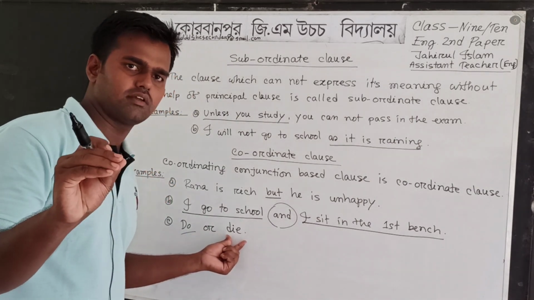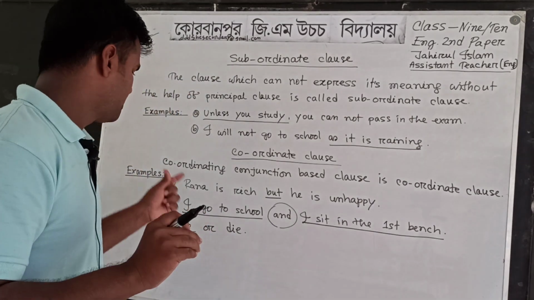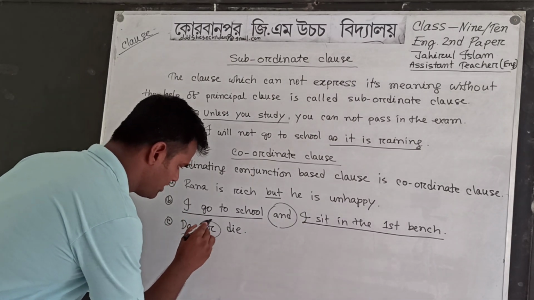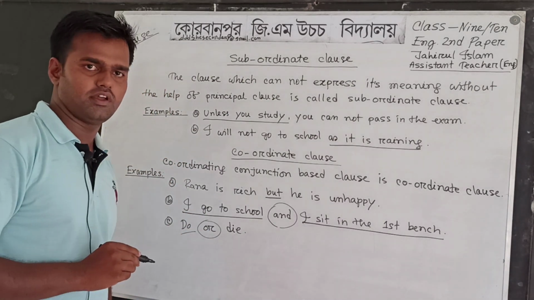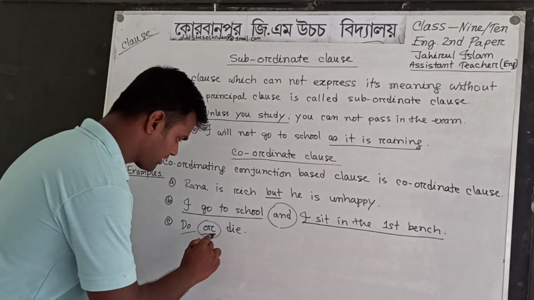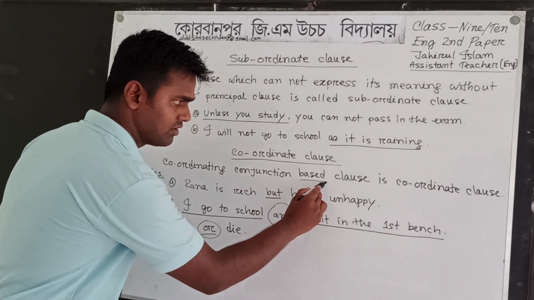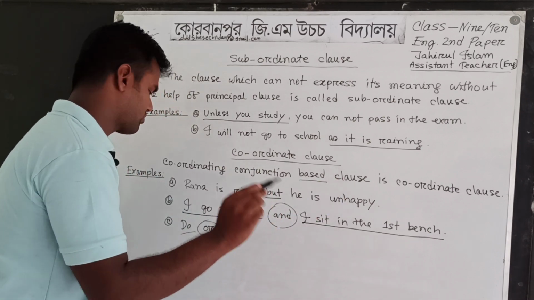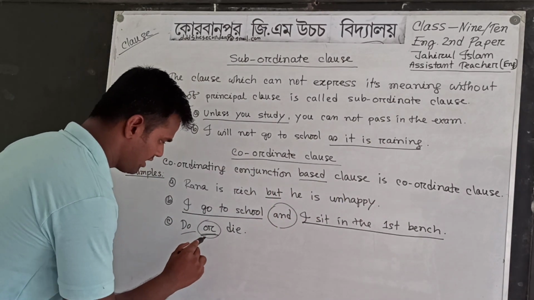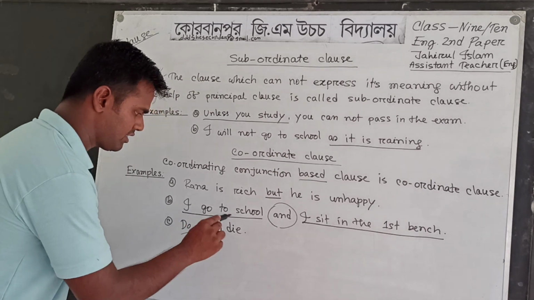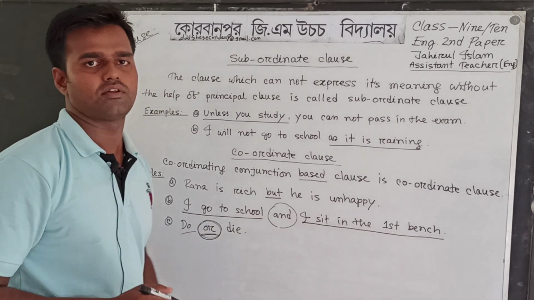Both sentences are principal clauses. And here you can see the conjunction or. I have told you before, coordinating conjunction based clause is coordinate clause. As you can see here, a coordinating conjunction. That's why it is a coordinate clause.